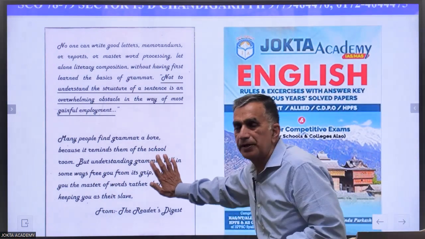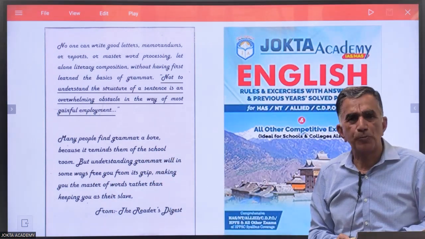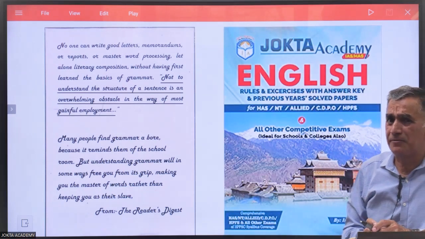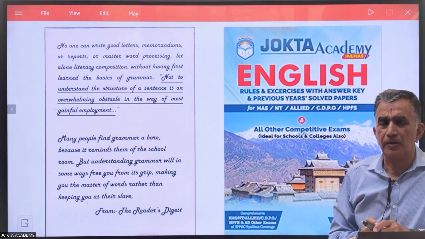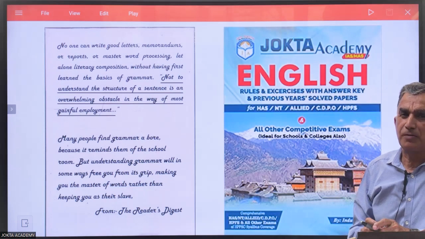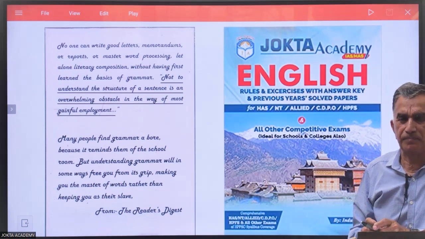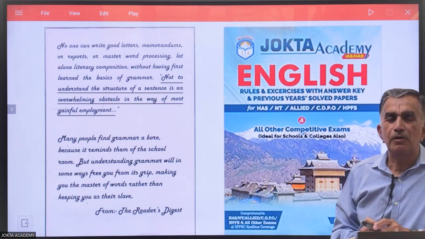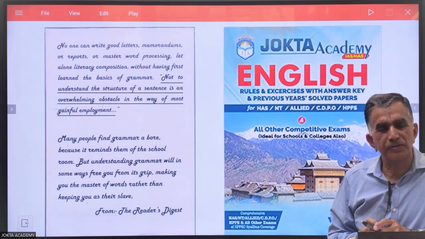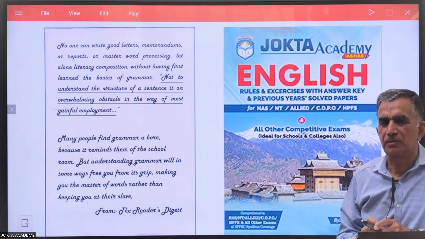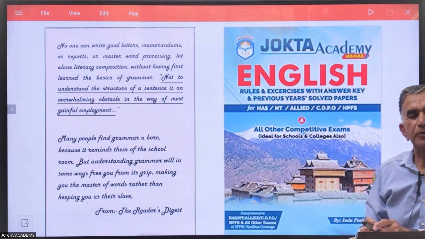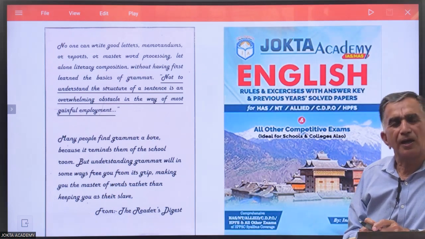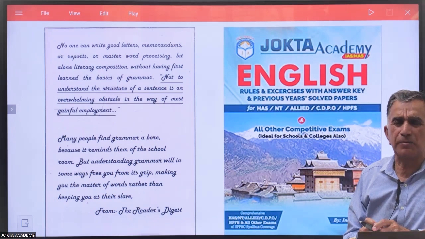Please read this message from the Reader's Digest very, very carefully. It highlights the importance of grammar. It says no one can write good letters, essays, or any literary work without having sound grounding in grammar.